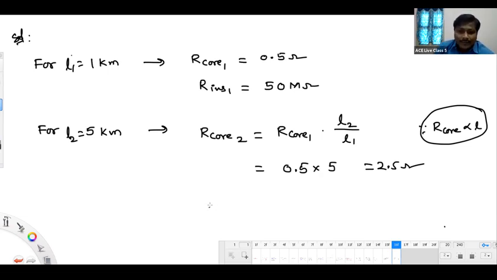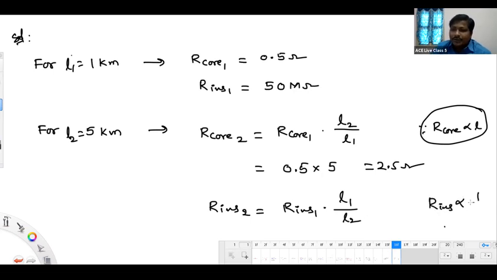Whereas insulation resistance is inversely proportional to the length of the cable. So R insulation 2 equals R insulation 1 into L1 by L2. R insulation is proportional to 1 by length, which means R insulation into length is constant. So R insulation 1 into length 1 equals R insulation 2 into length 2.